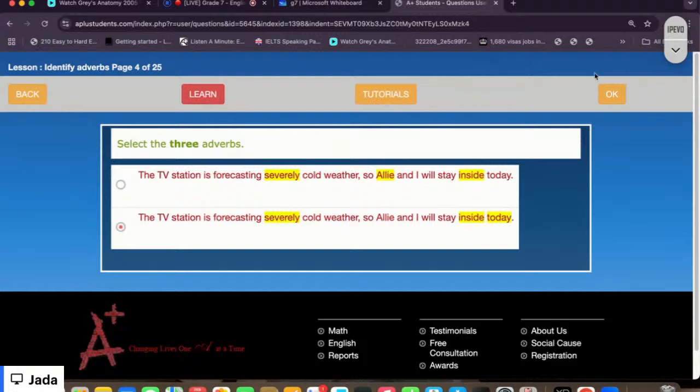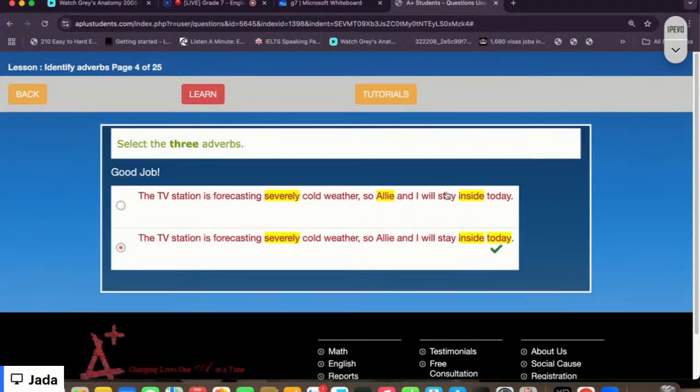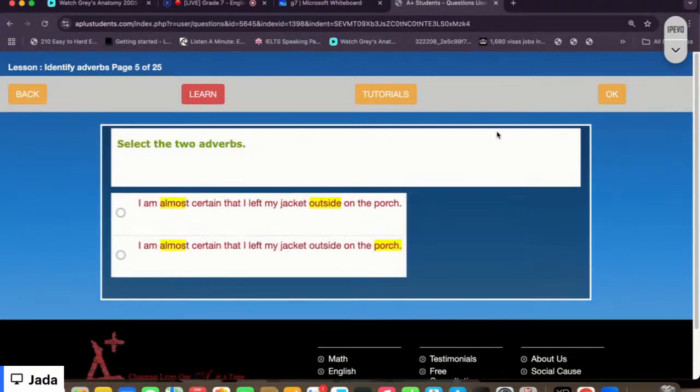So we have severely, inside, and then today. Ali there is a name, so that's a noun.